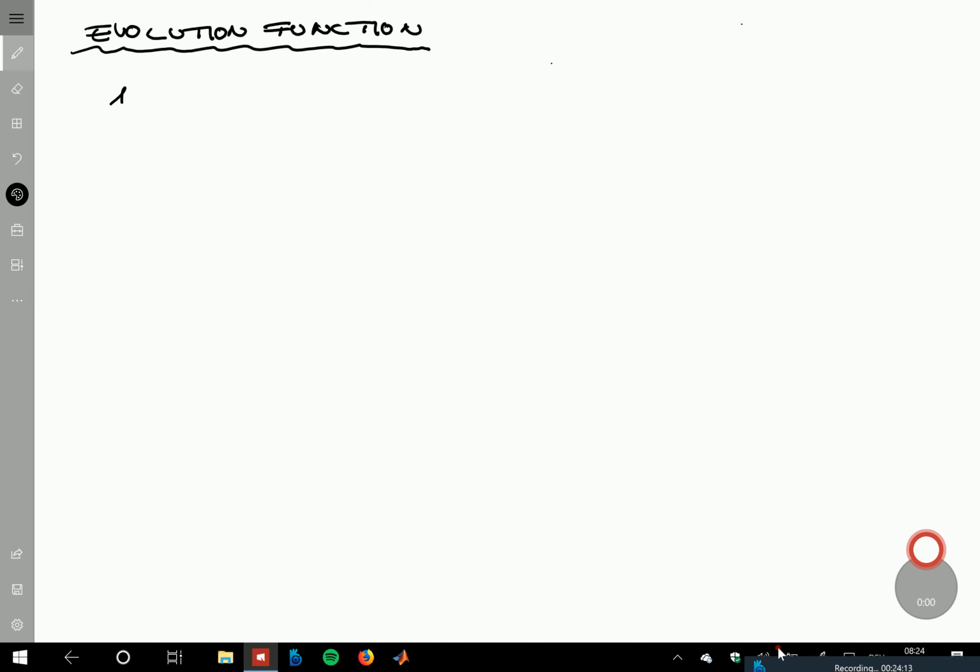What the evolution function does is that, in terms of how it's designed, it partitions regions of interest-wise.